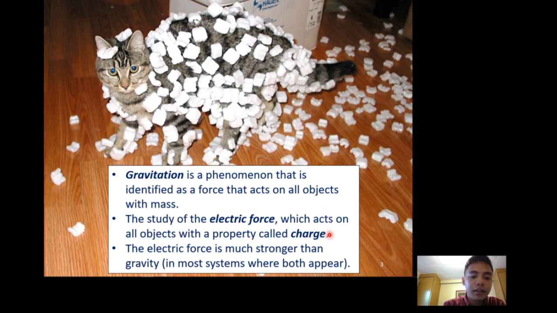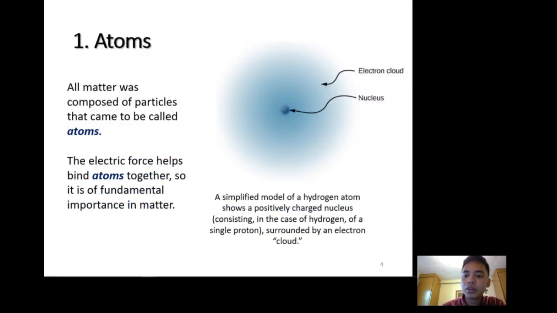Because of the charge. In the first atoms, all matter was composed of particles that came to be called atoms. The electric force helps bind atoms together, so it is of fundamental importance in matter.